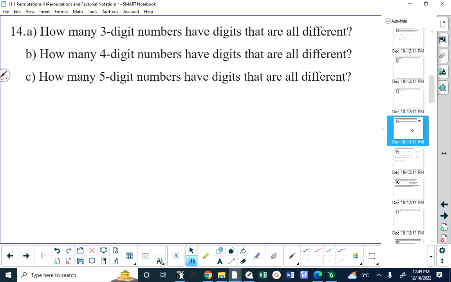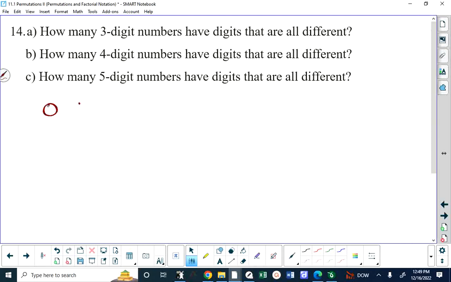How many 3-digit numbers have digits that are all different? So again, we find a way to phrase the question so it seems like a different question, but all different means you can't use the same digit again. You cannot repeat. And we want 3-digit numbers. You form numbers from the digits 0, 1, 2, 3, 4, 5, 6, 7, 8, and 9.